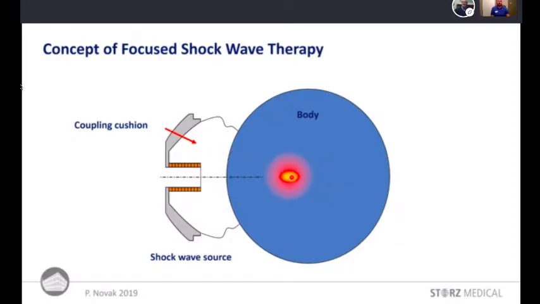And what we have is an effect in the focus in the depth of the body. That means there is a relatively low intensity of shock waves here at the surface, but high intensity at the target area. So only the tissue target, which has to be treated, is in the focus.